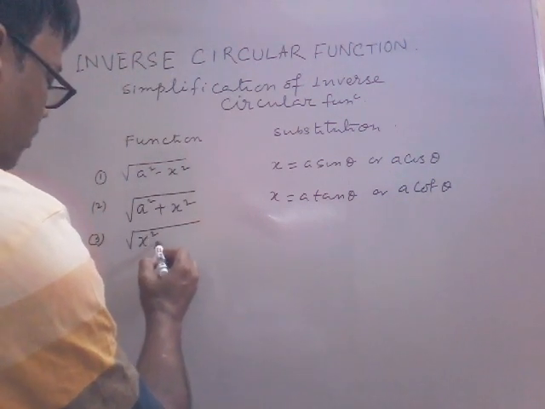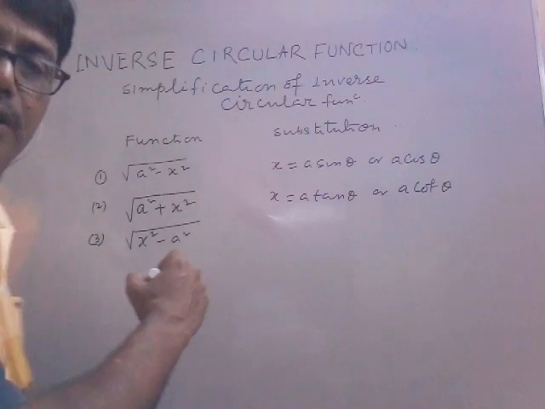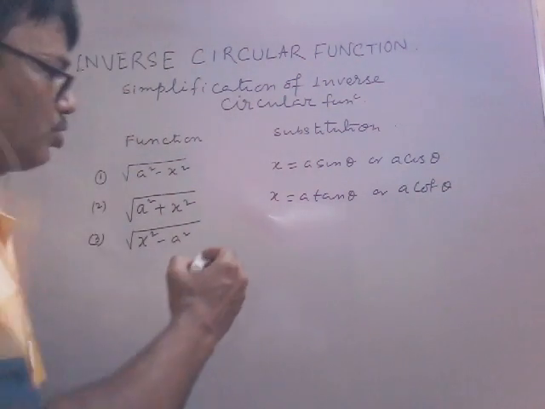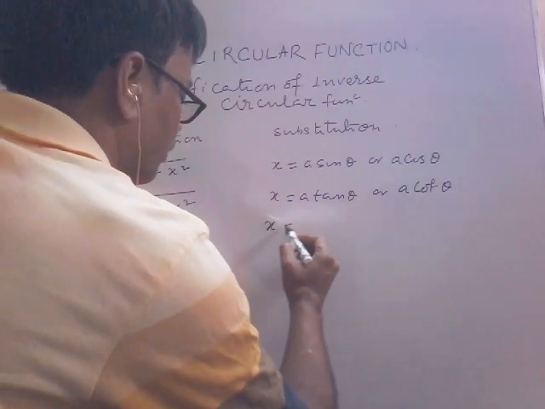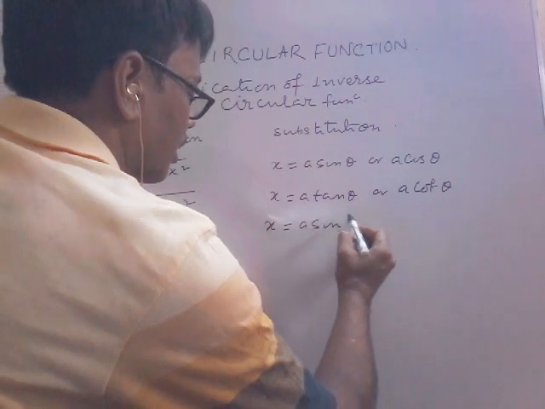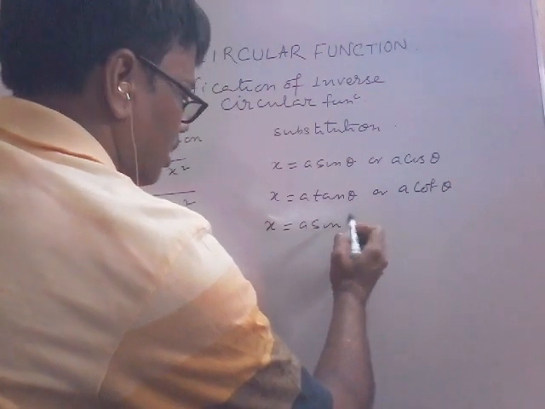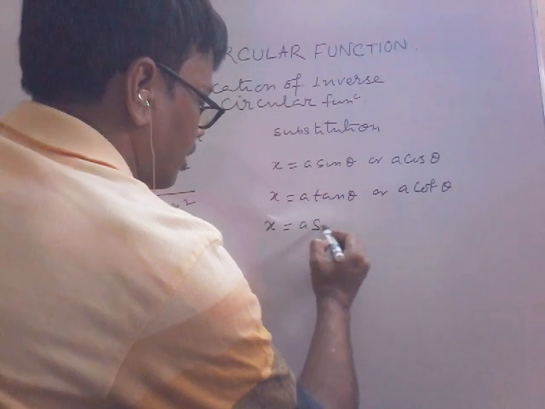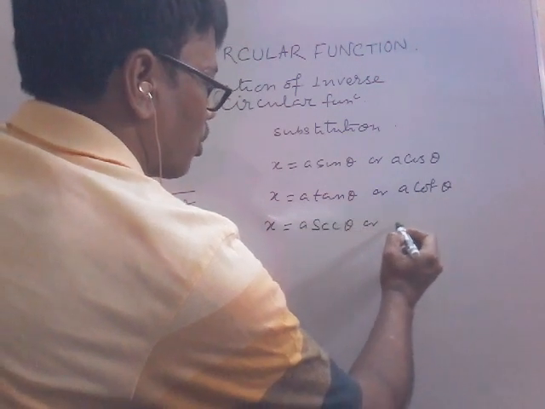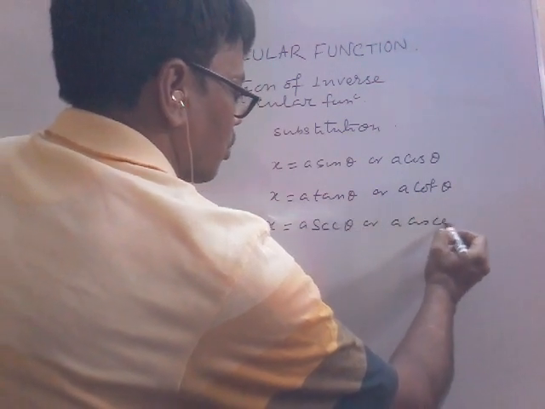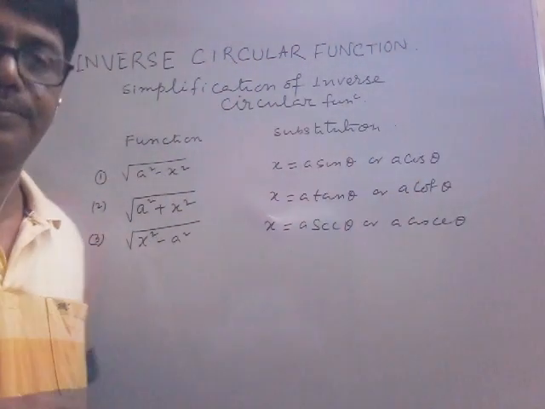Number 3, x square minus a square. So substitution is x equals to a sec theta or a cosec theta.